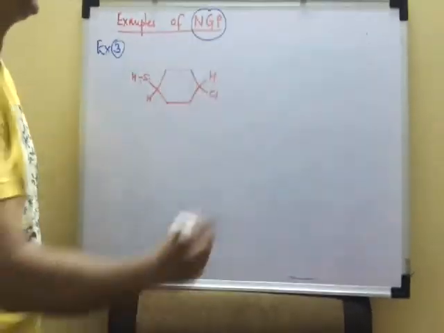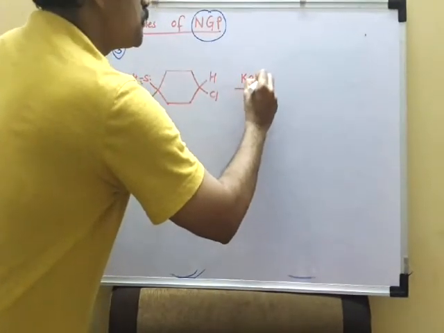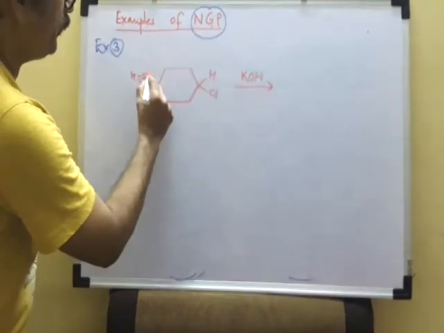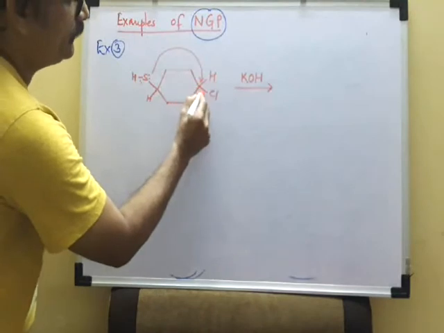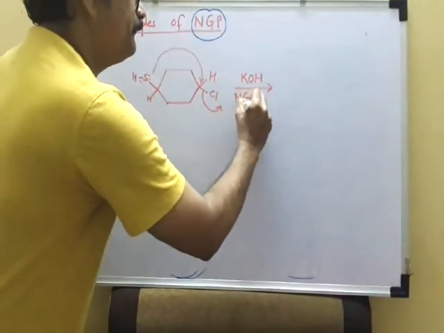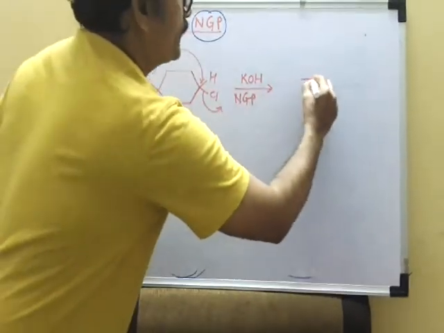What will be the product? Again I am performing this reaction in presence of KOH. What will happen? Again internal nucleophile attacking here on this carbon. You have to remove this, and the first step is NGP because this is backside attack. You remember backside attack.